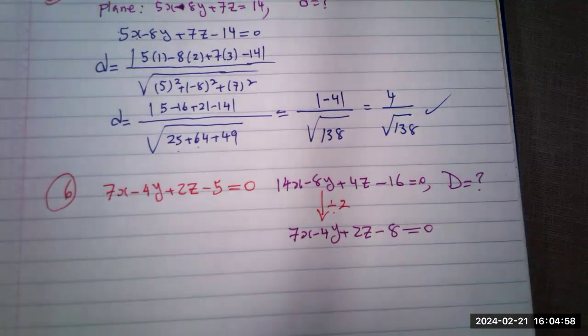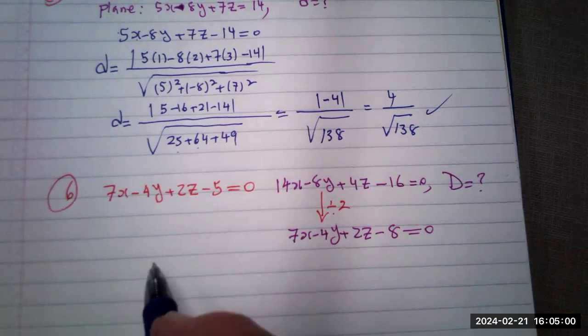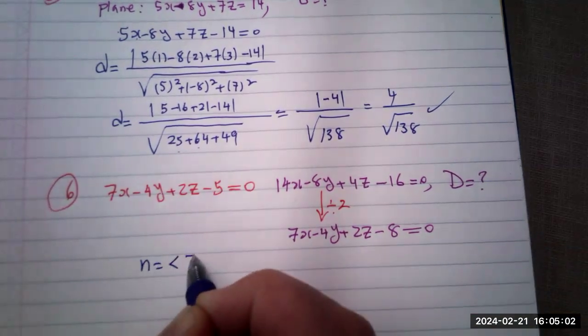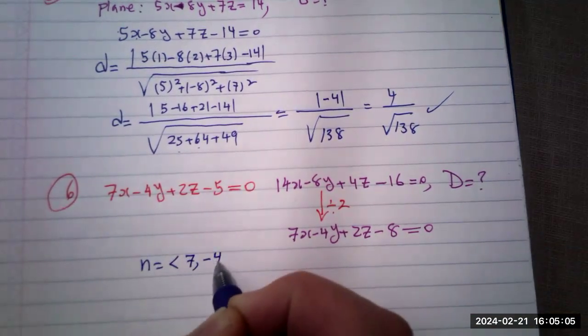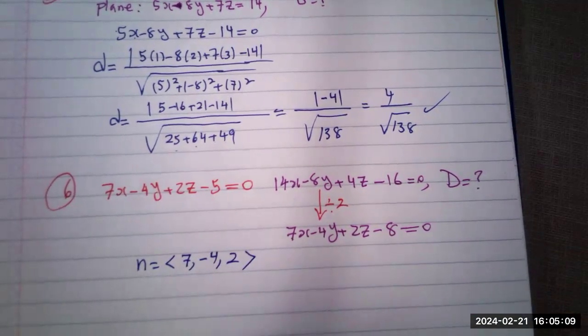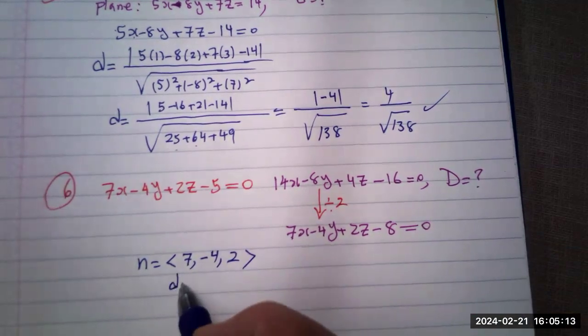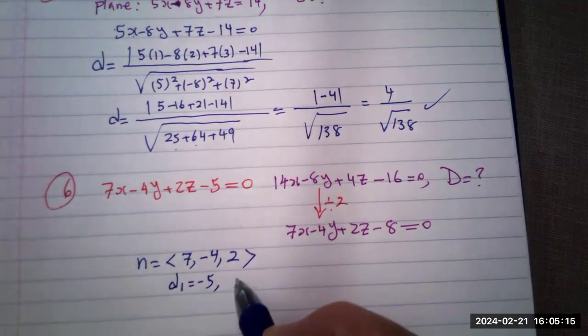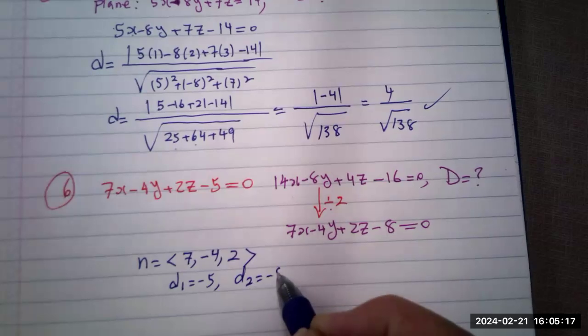Now pick the normal vector. So the normal vector is going to be 7, negative 4, and 2. D1 and D2, you get negative 5 and negative 8. Okay, D1 of negative 5 and D2 of negative 8.